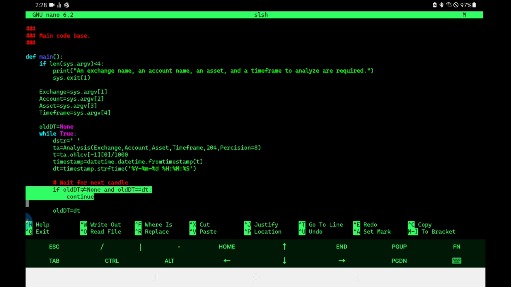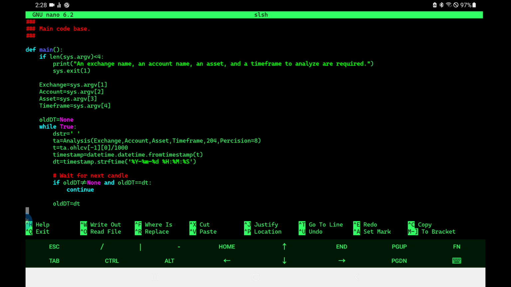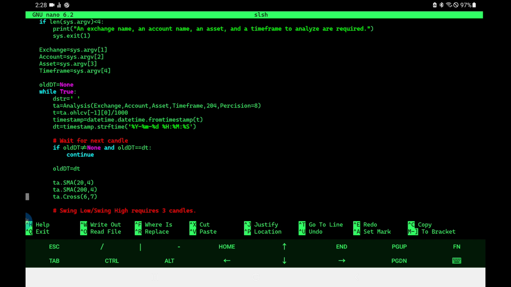Simple as that. We just wait. Now we can add a sleep function here, and we should, to be nice to the CPU. But that's how we have it right now. If we make it this far, meaning the old time is not equal to the new time, and the old time could potentially be none, then we save the old time, and we begin processing.